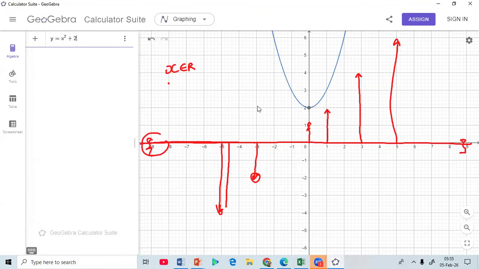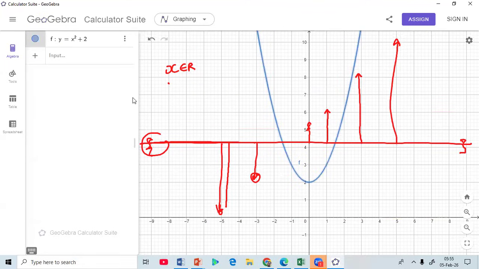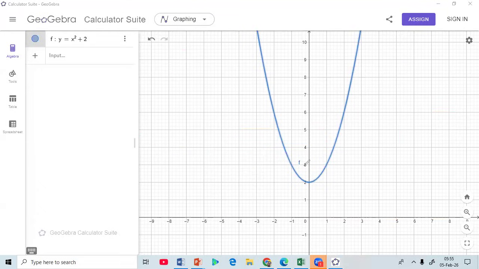Still, when you look at my graph, this one has a domain. Here you notice that any x value you put, you can get the corresponding y value. So here I can say that the domain can contain all real numbers.